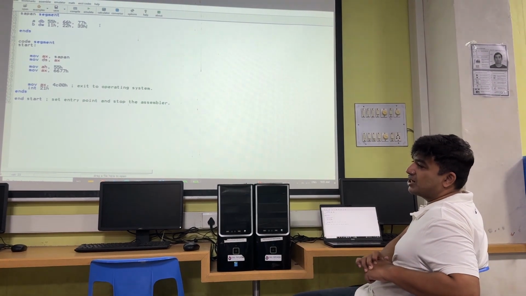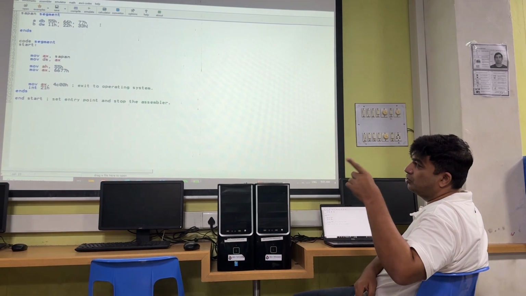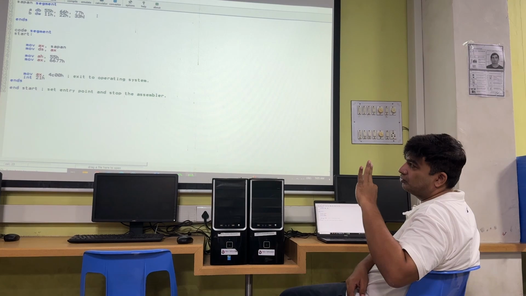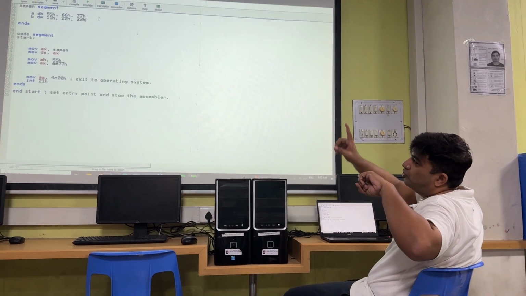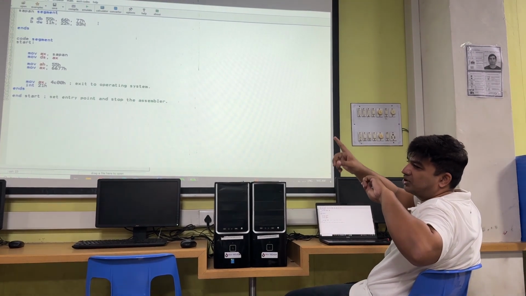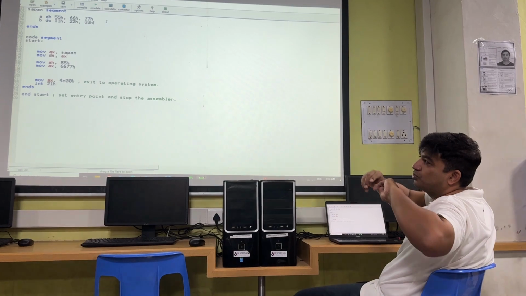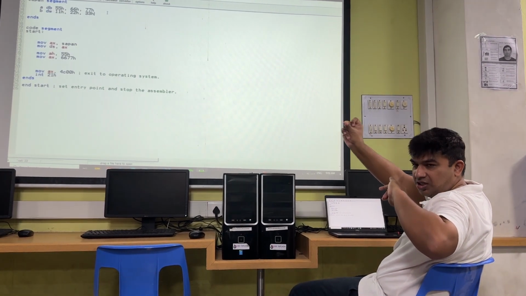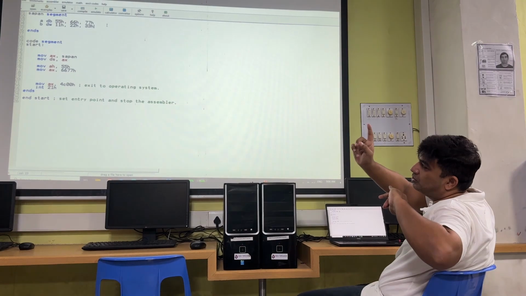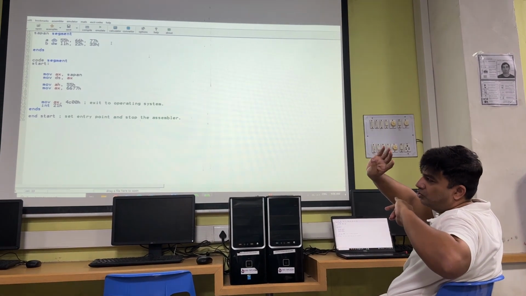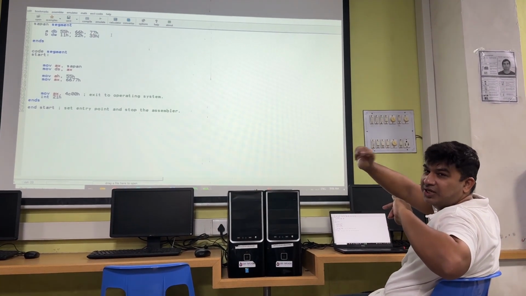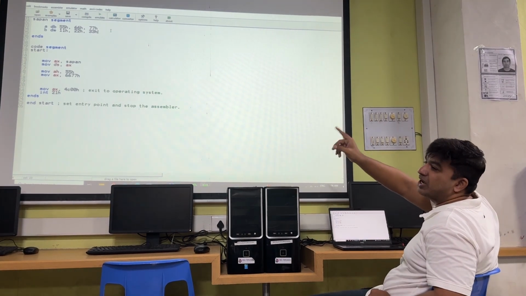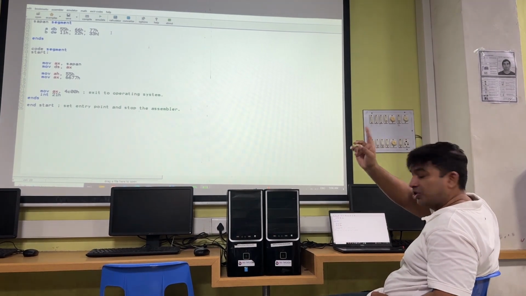B array will get started on location 3. On location 0 is 55, location 1 is 66, location 2 is 77. So B will start at 0003. Understand? On location 3, 11 will get stored. On location 4, 00 will get stored. 5, 22, 6, 00, 7, 33, 8, 00.